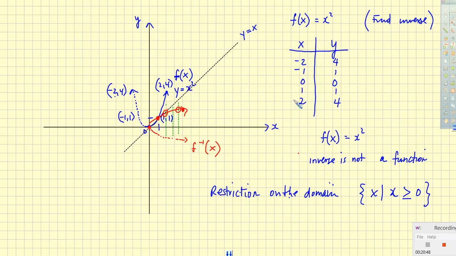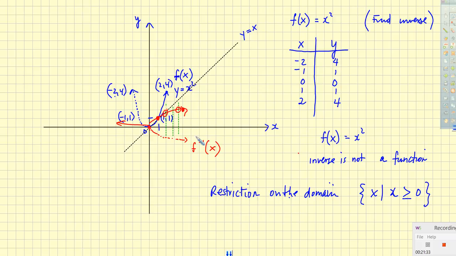If I say that the values of x have to be larger than or equal to 0, then it is considered a function because it passes the vertical line test. If I allow every value of x to exist, including all the negatives on the left-hand side, then those negatives become the bottom part of my red graph, and therefore it's no longer a function.